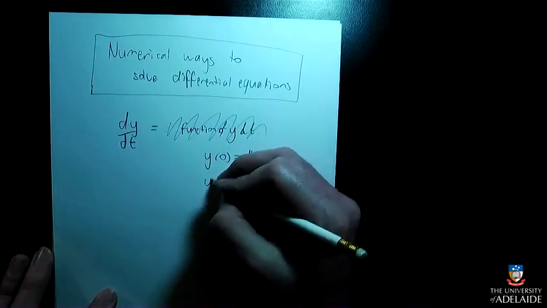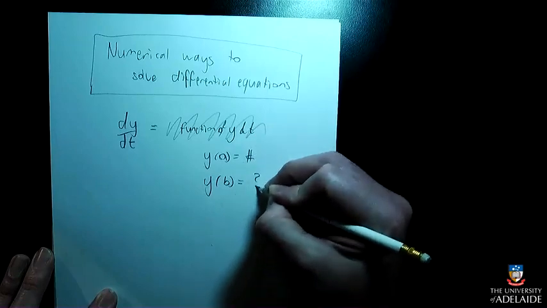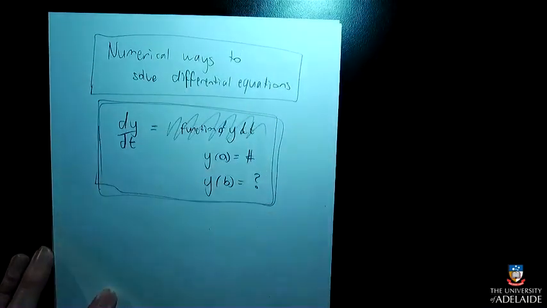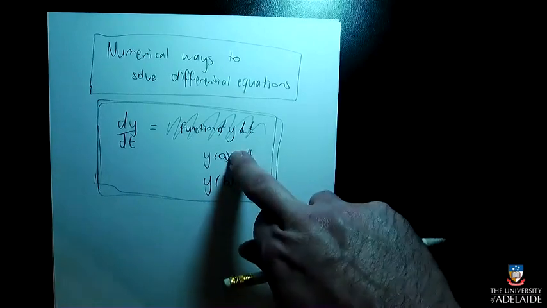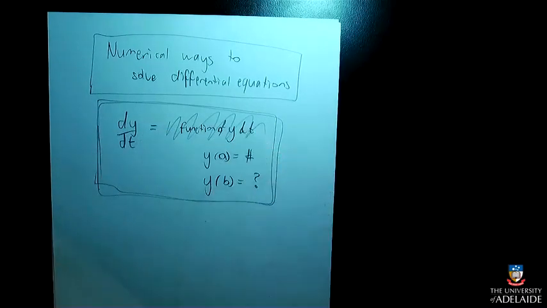And you want to know, well, what is y of b, for example? So this is the format that they go in. That's the kind of question you want to solve. And the two methods solve this numerically to try and get a numerical approximation to what the answer is for y at a specific value, knowing what it is at some other specific value, and knowing the formula for how to figure out dy and dt from both y and t.